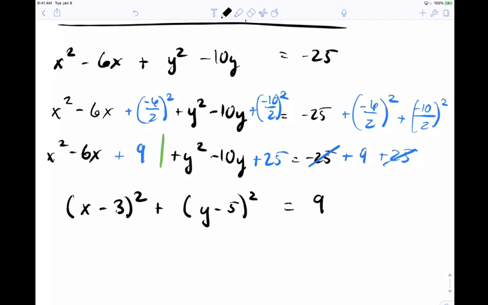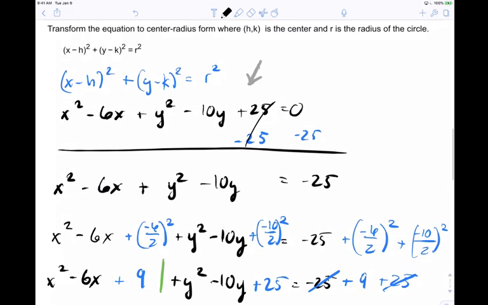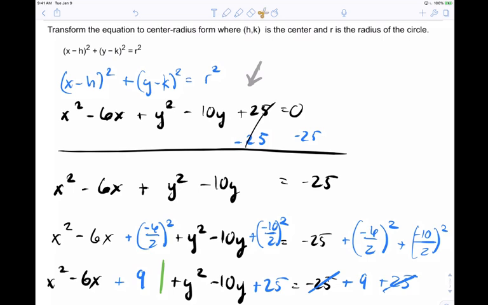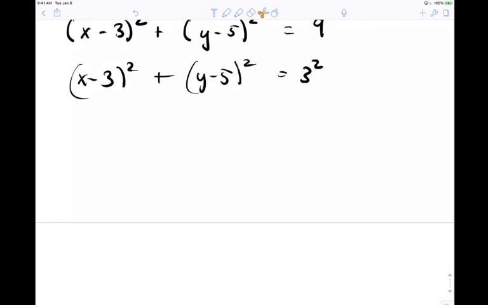Okay. And then to take it one step further, to put it all the way in the proper form, we're going to have x minus 3 squared plus y minus 5 squared equals, what is it, 3 squared, right? So notice this is the proper form. Let's copy this and paste.